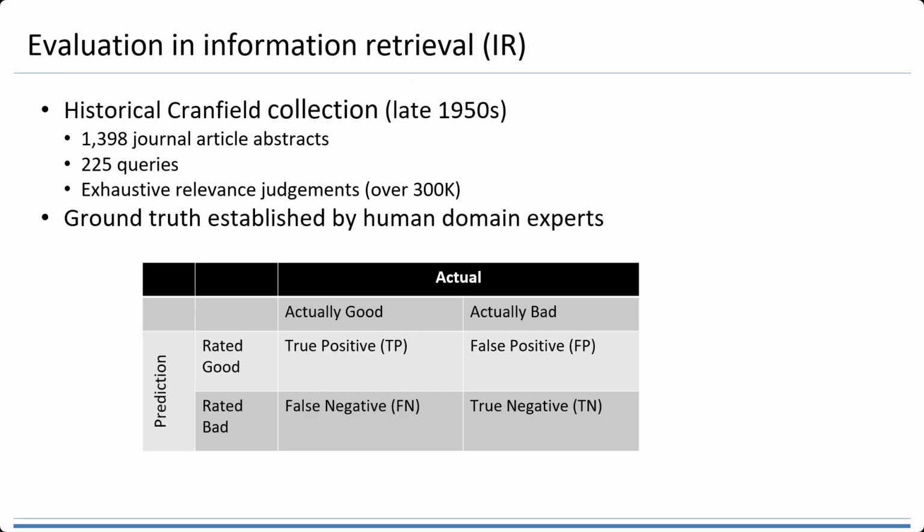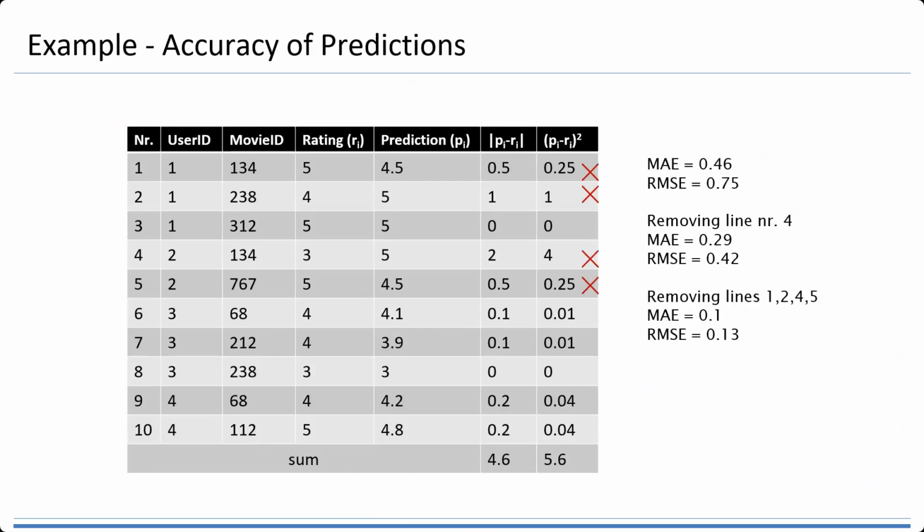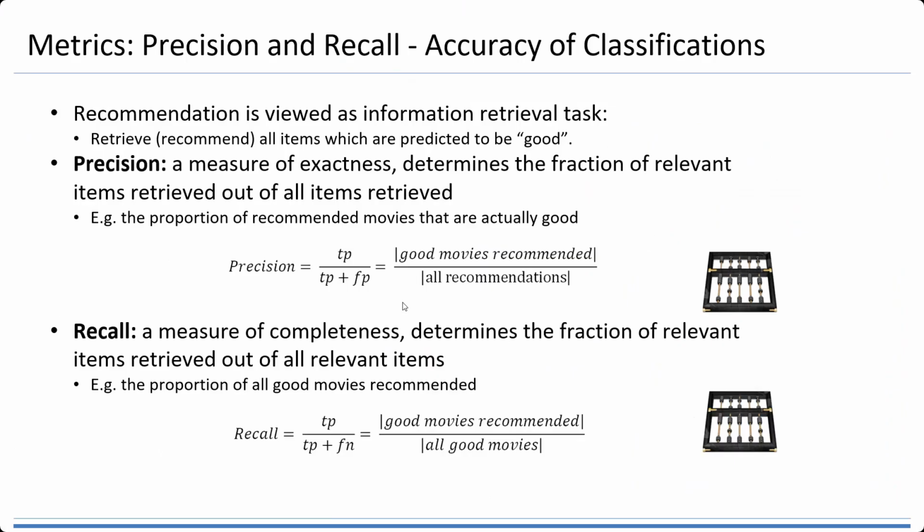Now, using this one, using this confusion matrix, we can do this. Okay, you can do this one.